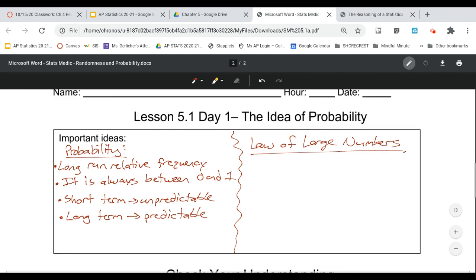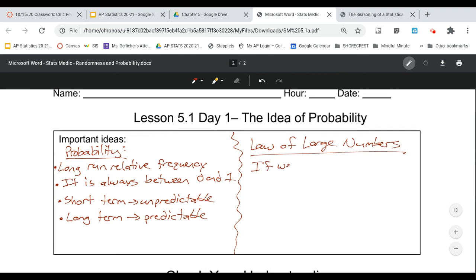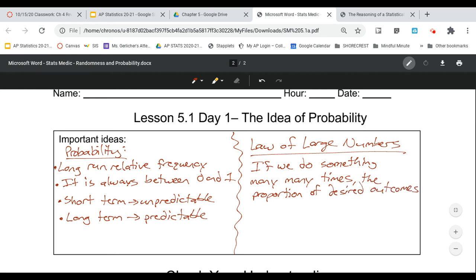Law of large numbers: if we do something many times, the proportion of desired outcomes will approach its probability.